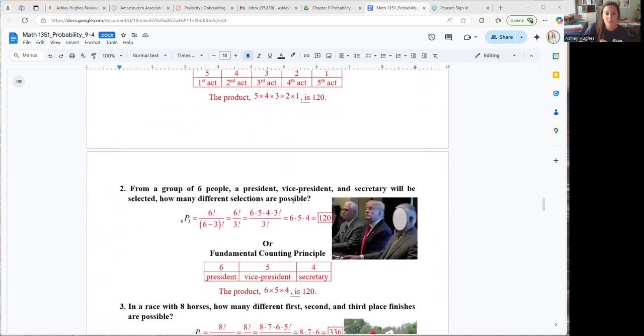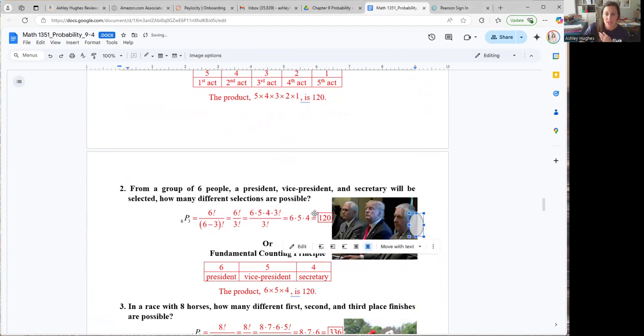For a group of 6 people, a president, vice president, and secretary will be selected. How many different selections are possible? So we have 6 factorial over 6 minus 3 factorial, because that's the formula. Now 6 factorial is written as 6 times 5 times 4 times 3 times 2 times 1.